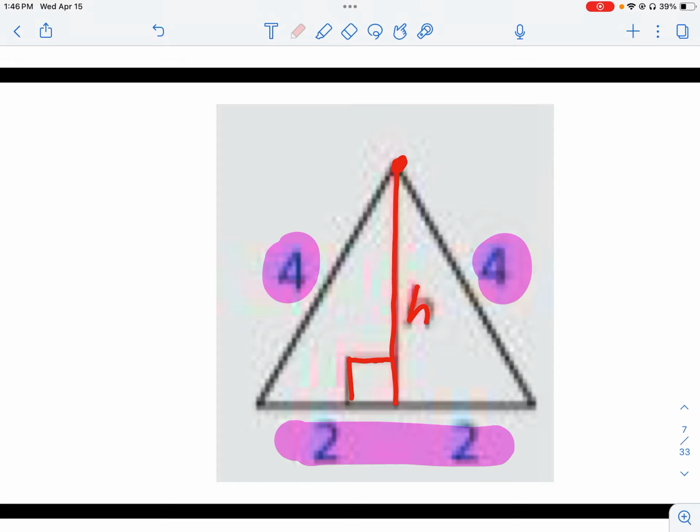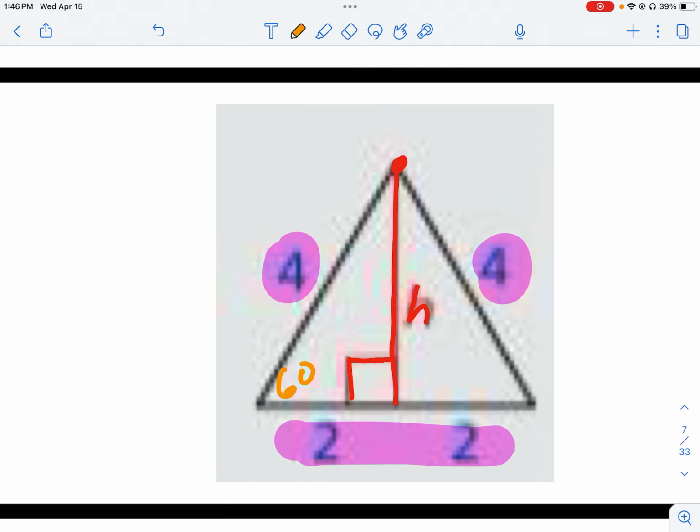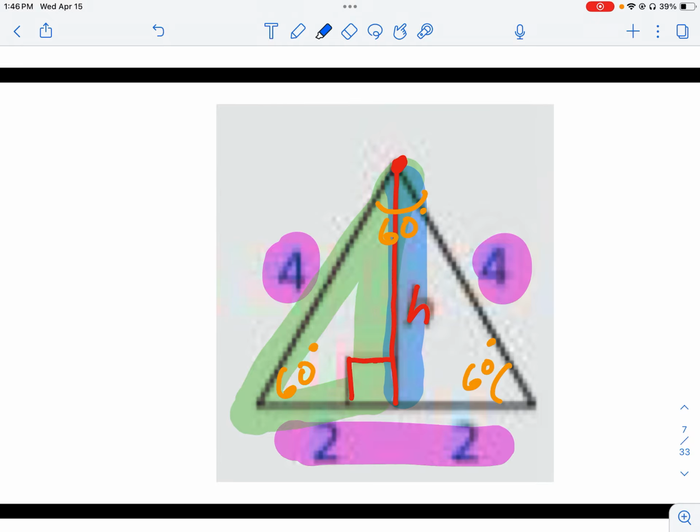Well, we know that if it's an equilateral triangle, all of these are 60-degree angles. So inside this triangle on this side, we have a 30, 60, 90. The triangle on the other side is a 30, 60, 90.